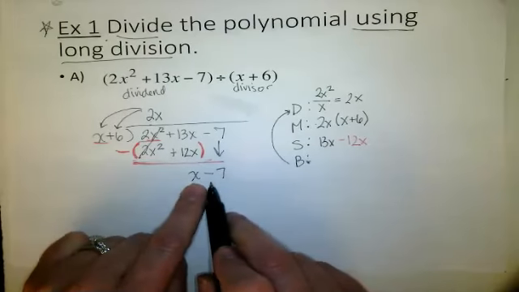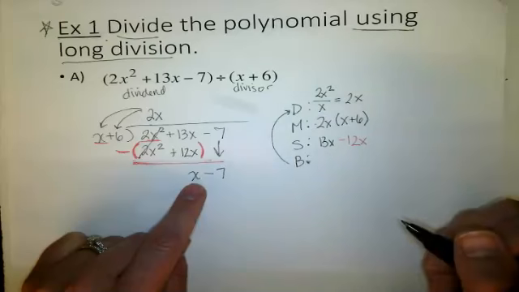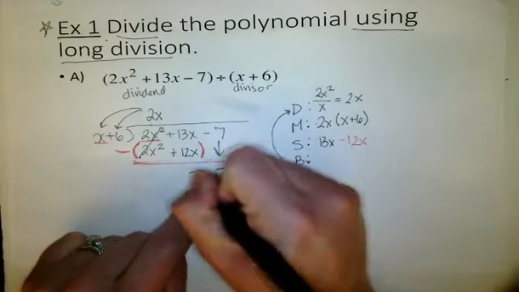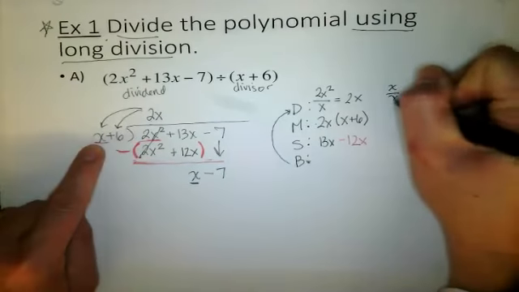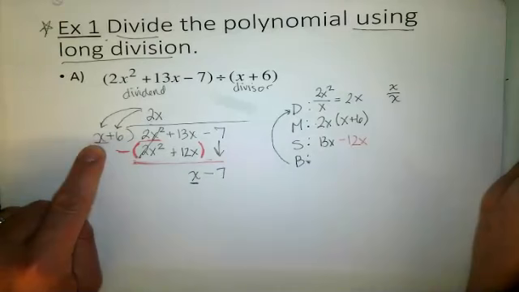So what are we going to divide first? What do we use this time? Again, we just look to the leading term and we say x divided by the divisor. Just that leading term.